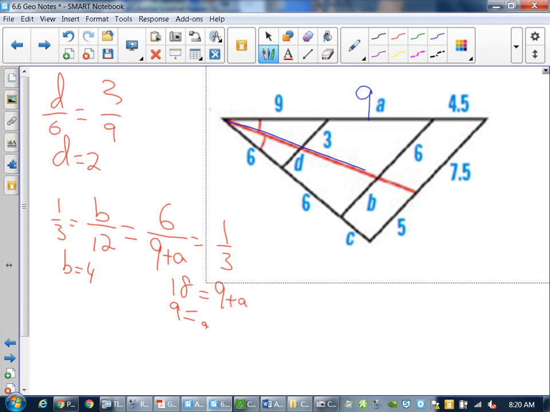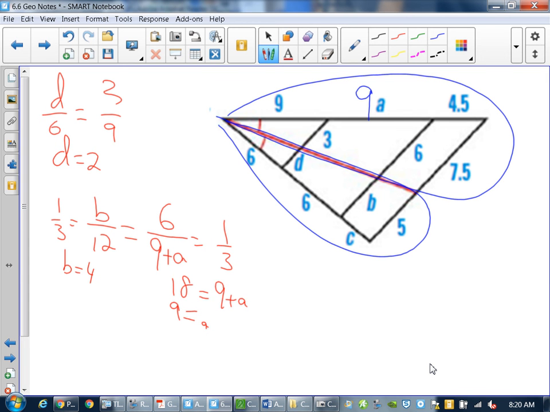Going out and around, I have 5 over 12 plus C has to equal 7.5 over 22.5. So you do your cross multiply again, but does that mean that C is going to have to be 4.5? Well, we'll see what happens. So what you're doing here is building off everything.